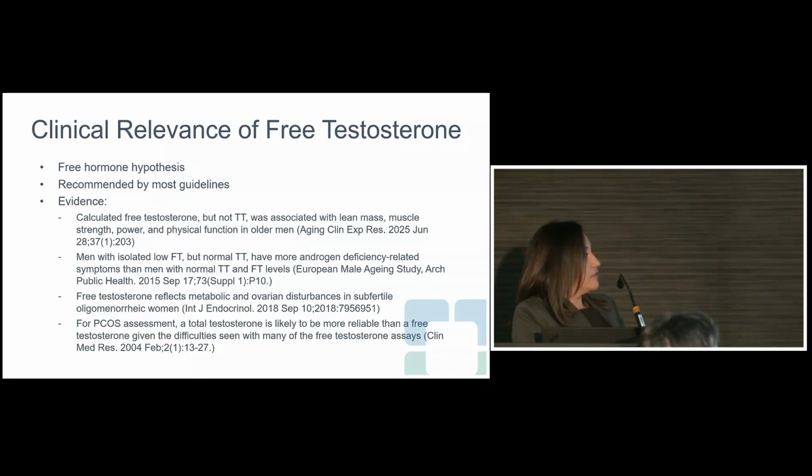The evidence exists to make a point for the superiority of free testosterone, particularly in studies that have shown that free testosterone concentrations, but not total testosterone concentration, are associated with the symptoms of hypogonadism in men, but also with the metabolic disturbances in women with PCOS, whereas total testosterone was enough to correlate with the ovarian disturbances.